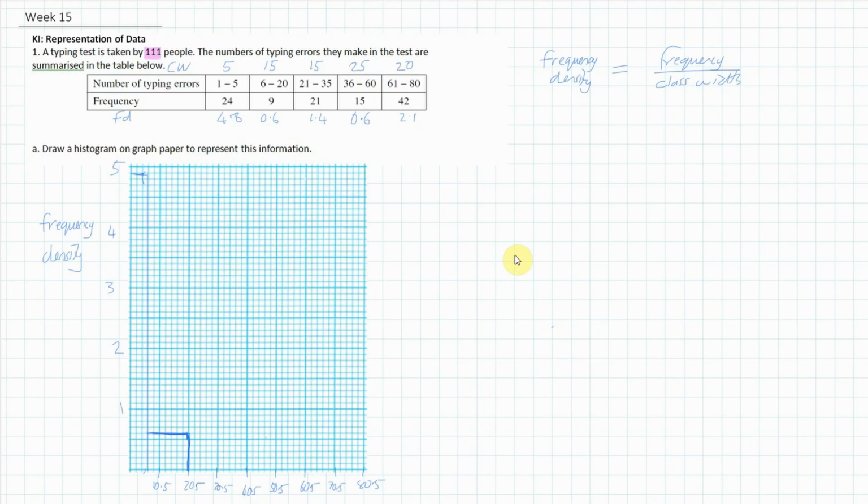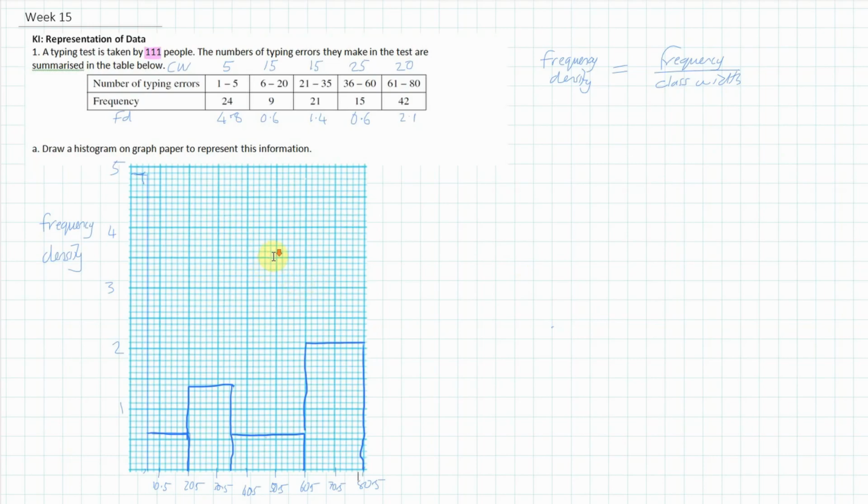So 35.5 is about here, 1.4 is about there. You get the general idea though. The next one goes to 60.5, and that's only 0.6, so we're back down here again. And then the final one is 2.1, and that goes to 80.5. So 2.1 would be up here, all the way there, and I'm thinking that's not too bad.